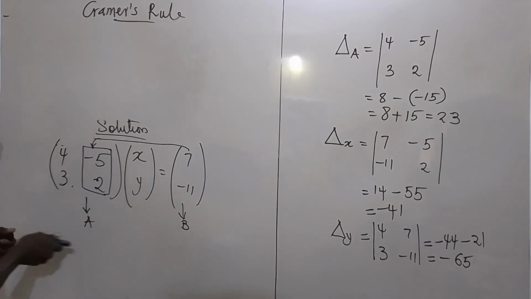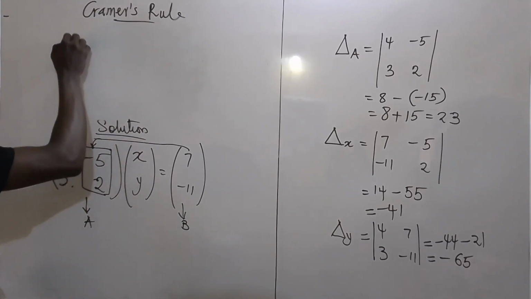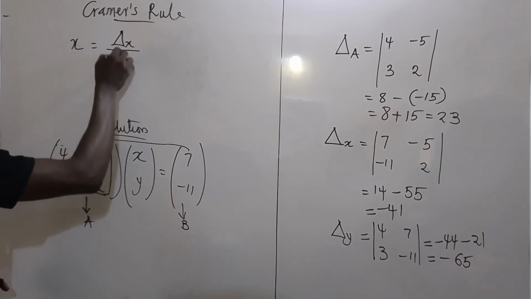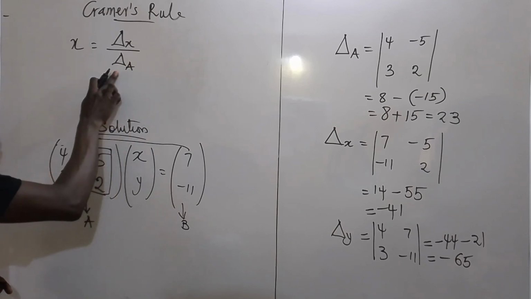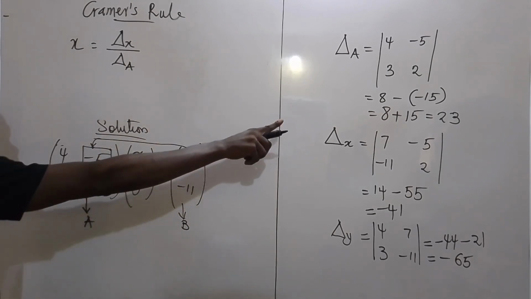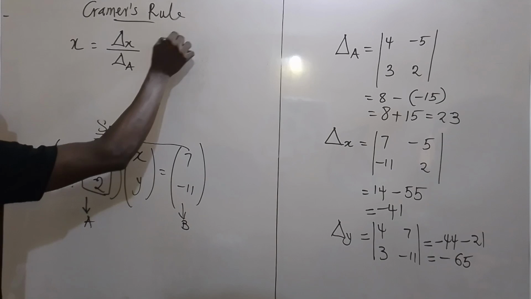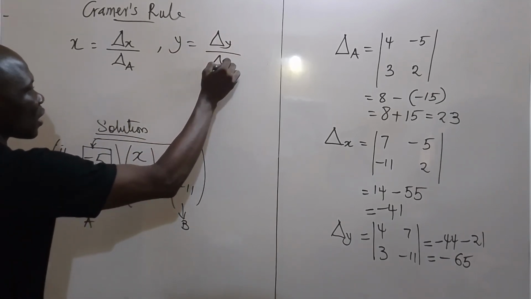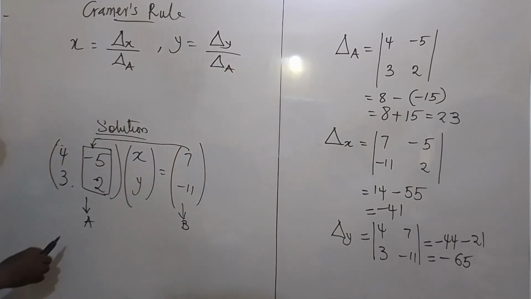Okay, so let's find the values of x and y. The x value will be the determinant corresponding to x divided by the determinant of the matrix of the coefficients, which is delta A there. The same thing for y: the determinant corresponding to y divided by the determinant of the matrix of the coefficients.